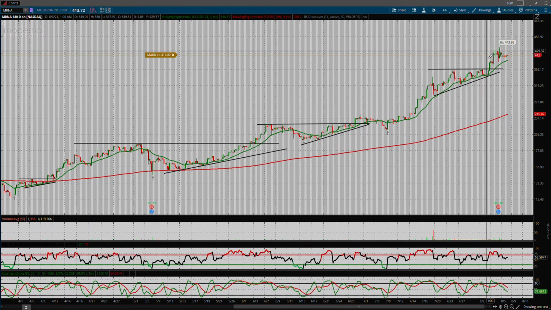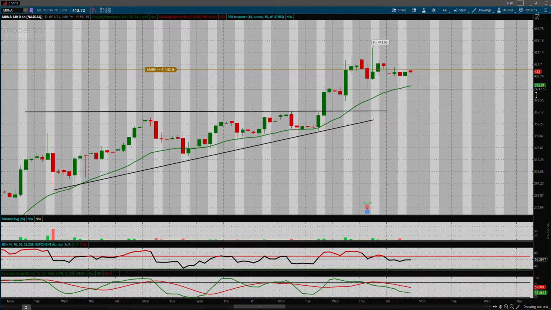Wow, it's a big move. In 2 or 3 days, that was the run. So that's probably what I'm looking for again on Moderna. I'm looking for it to set up into another ascending triangle, and hopefully it can do the same thing all over again. Here it's setting up into a nice little bull flag.